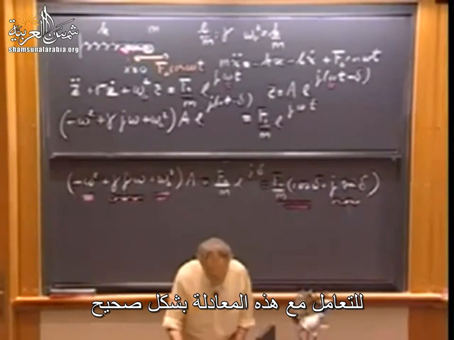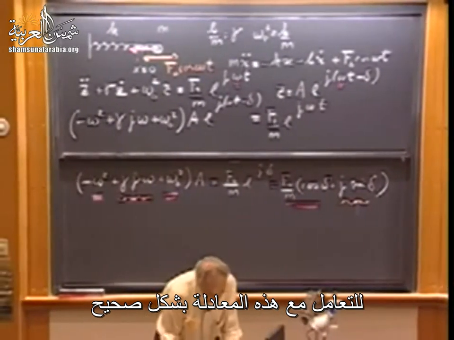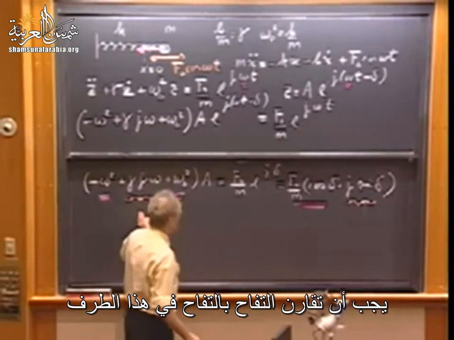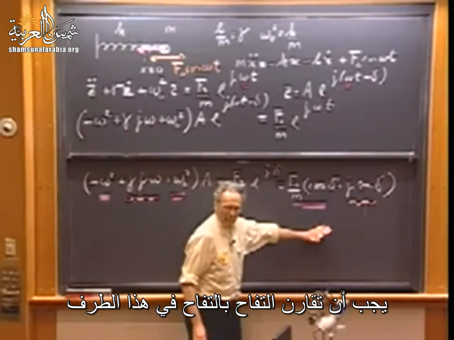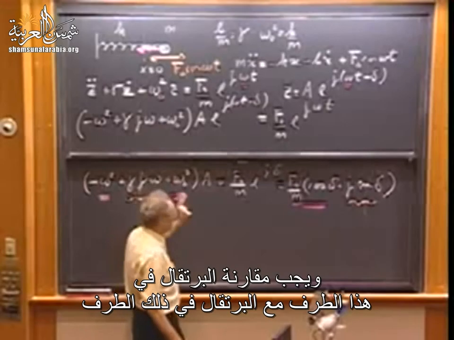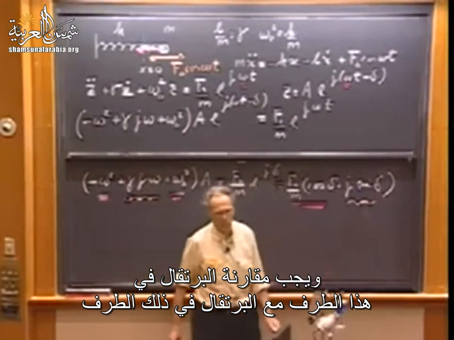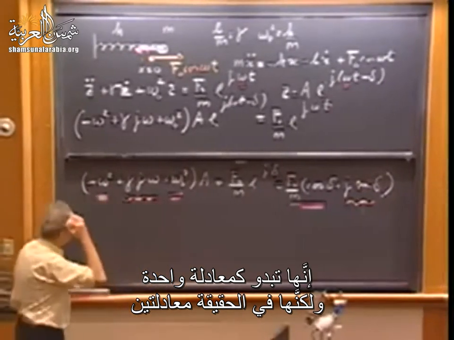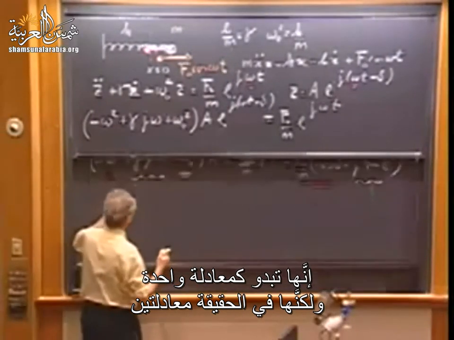And so for this equation to always hold at all moments in time, the apples on this side must be equal to the apples on the other side, and the oranges on this side must be equal to the oranges on that side. So it looks like one equation, but it really is two equations.